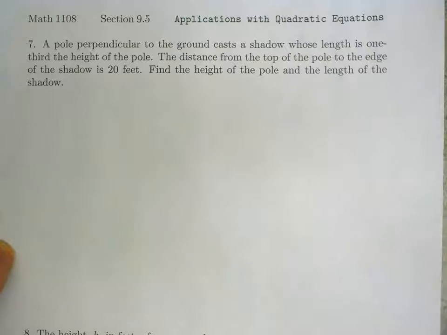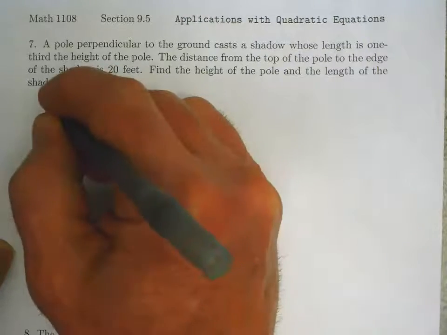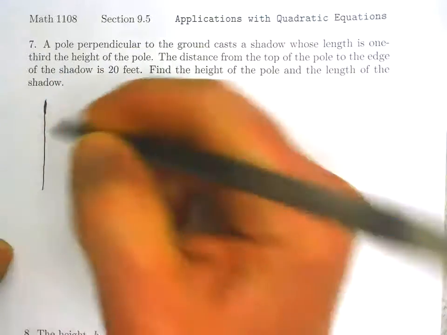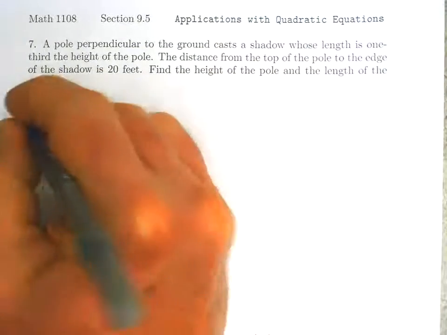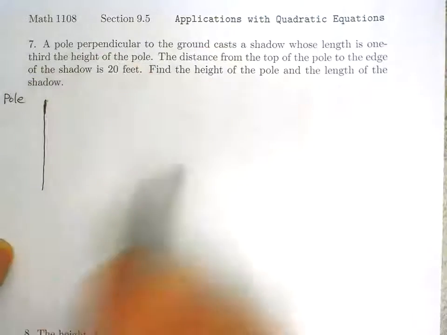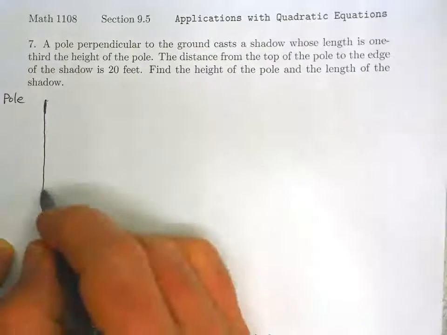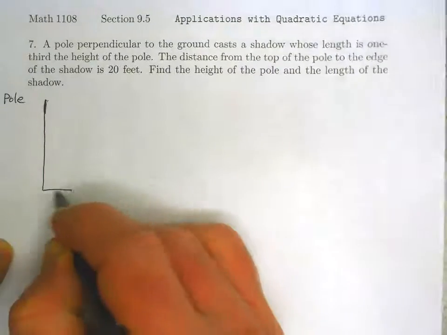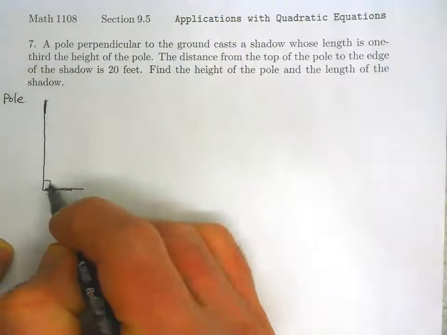So in a geometric problem like this, sometimes it's helpful to draw a picture. So we're told that we have a pole that is perpendicular to the ground. That means it forms a right angle with the ground.